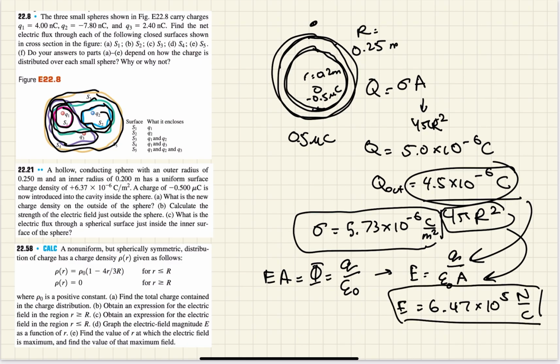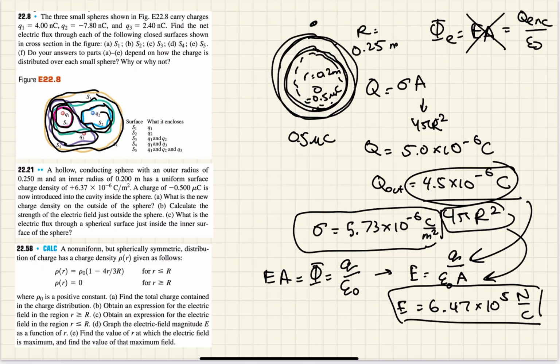And then for the electric flux, through a spherical surface just inside the inner surface of the sphere. So that's right here. The only net charge that's enclosed is this negative 0.5 microcoulombs in there. So again, we use Gauss's law. This time, electric flux equals electric field times A, which is equal to Q enclosed over epsilon naught. We don't care about this part right now.